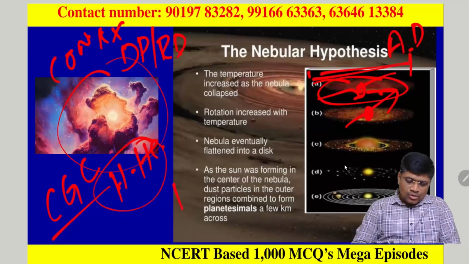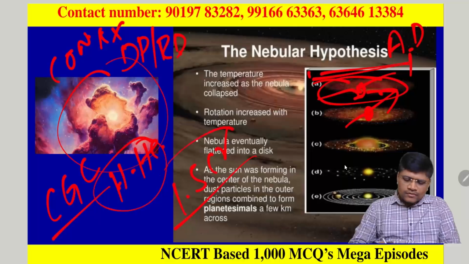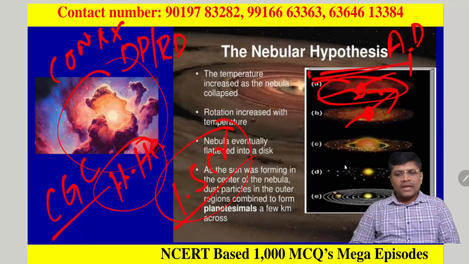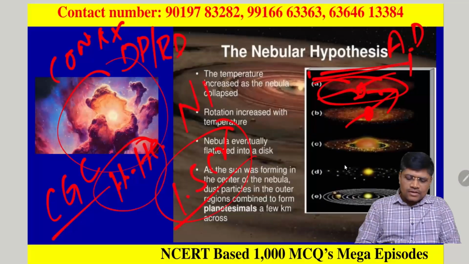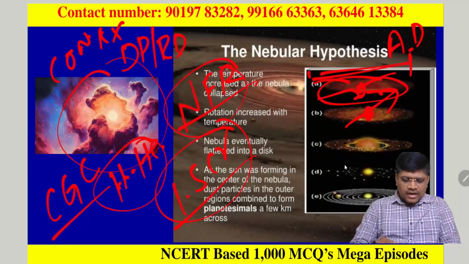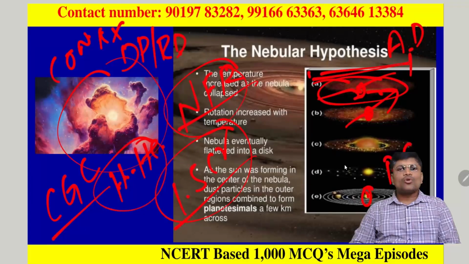It reached more than 1.5 crore degrees. Because of this highest temperature, two hydrogen nuclei turned into helium. That process is called the thermonuclear fusion reaction. Because of this process, at the center of the nebula there was a formation of stars. That initial stage of star formation was called the protostar.